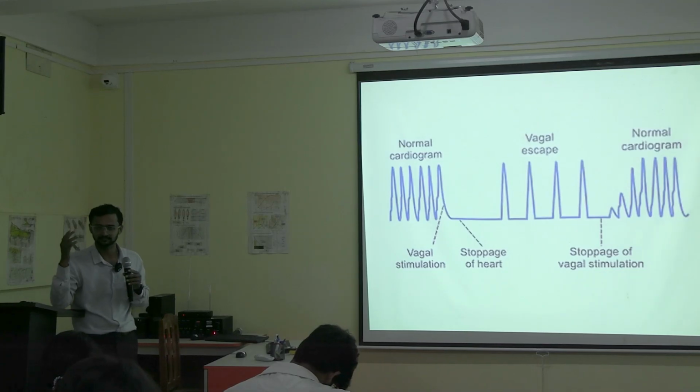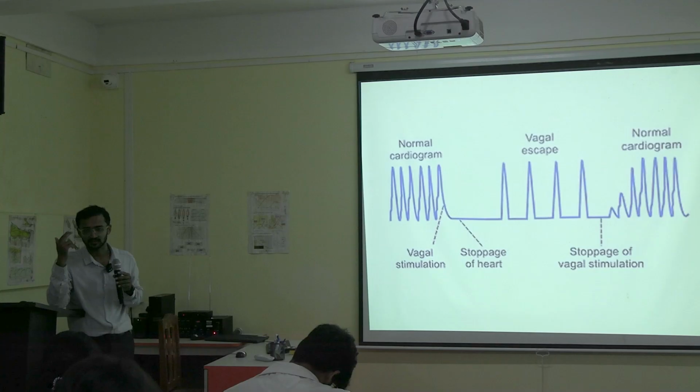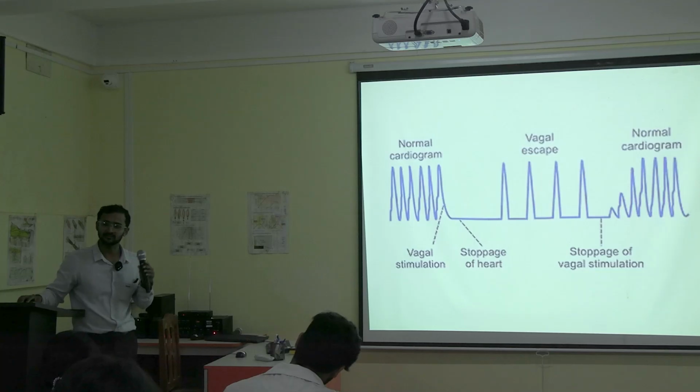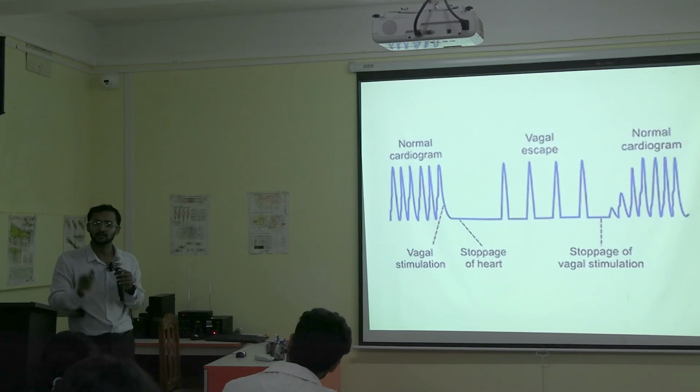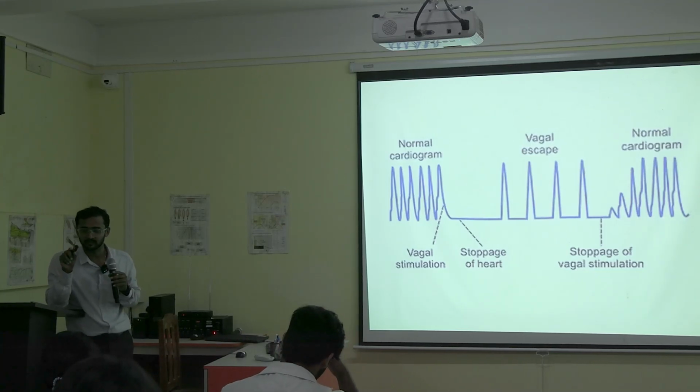If you cut the sympathetic innervation, the heart rate will reduce further, suppose to 5 or 10. So the same thing is happening. Here we are only stimulating the vagal nerve, but the vagal nerve is only supplying which part?